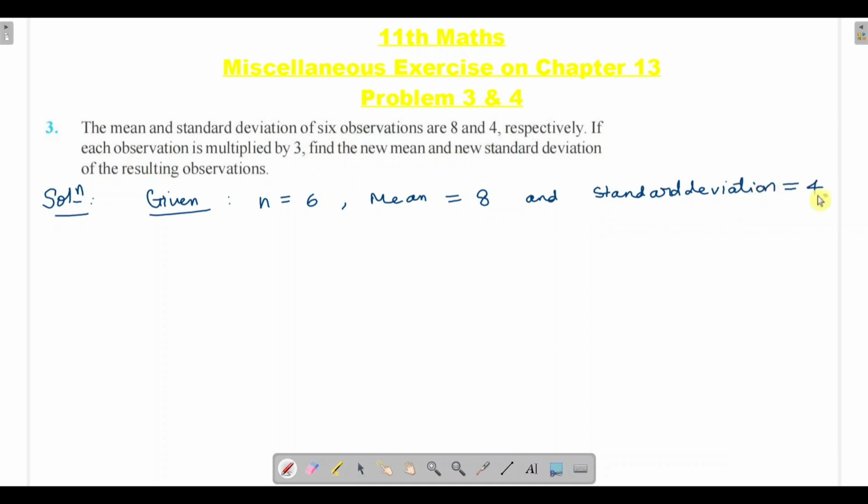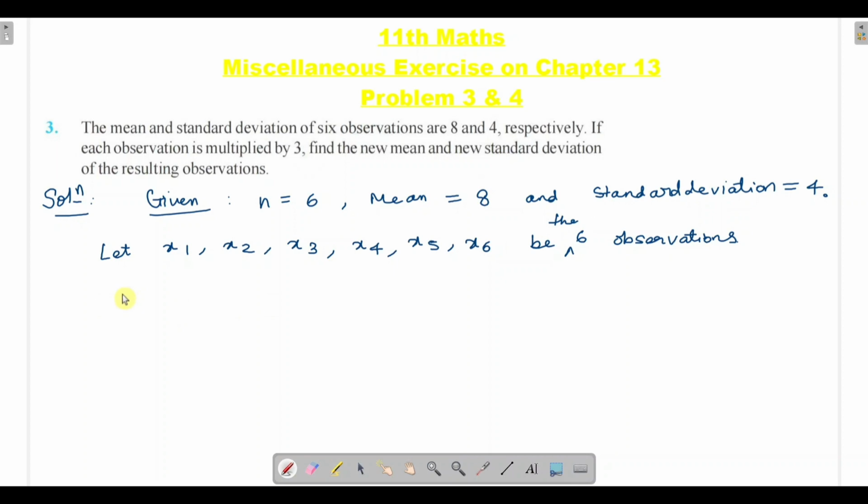Okay, so now let the observations be x1, x2, x3, x4, x5, x6. Let these be the 6 observations.